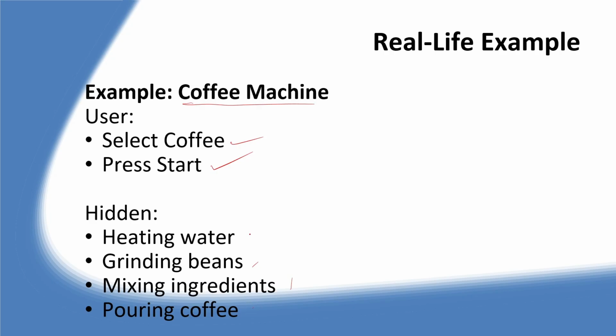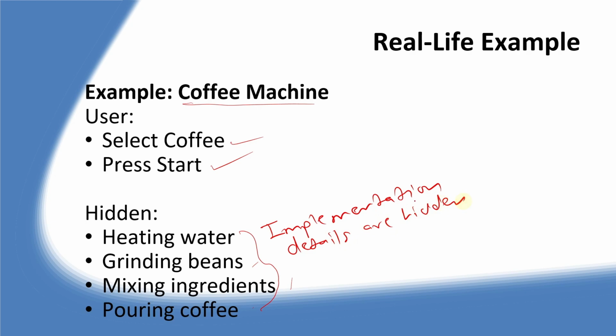Okay, so all these implementation details are hidden. Okay, this is what exactly abstraction is.